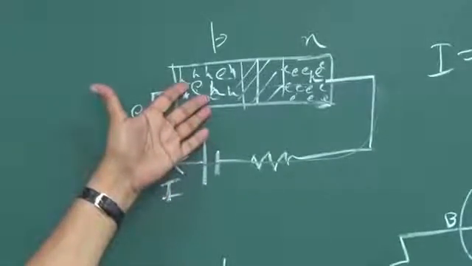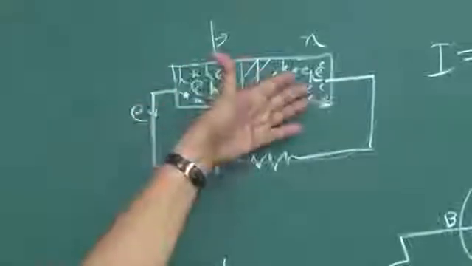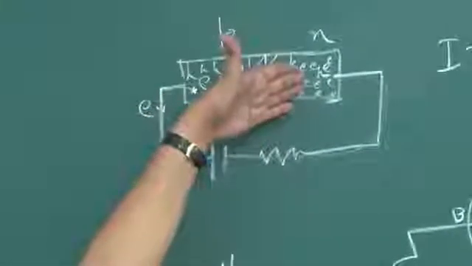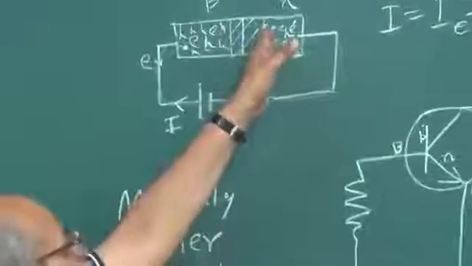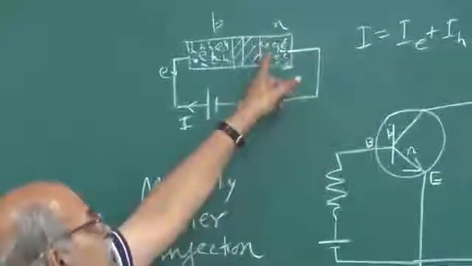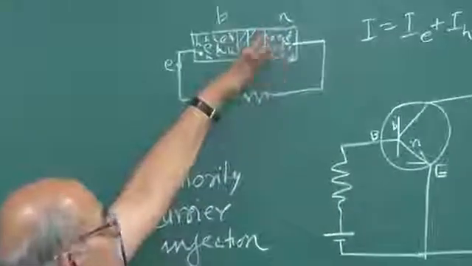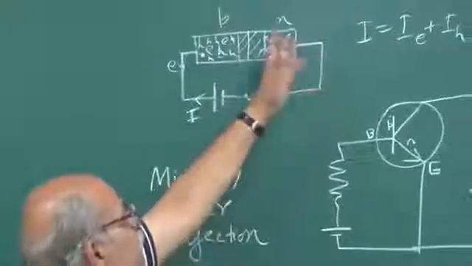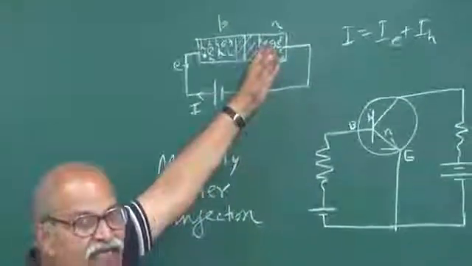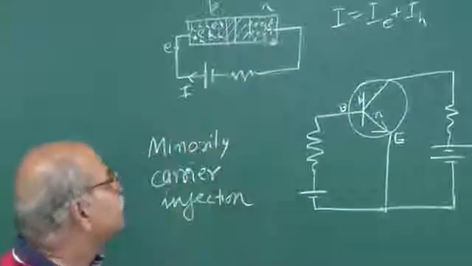These are majority carriers. So these holes will diffuse on that side and they are minority here. So once again minority carrier injection. Then some of the holes will recombine with these electrons, and then similarly you will have an electron coming from this side to make that charge balance, and the whole current is like that.